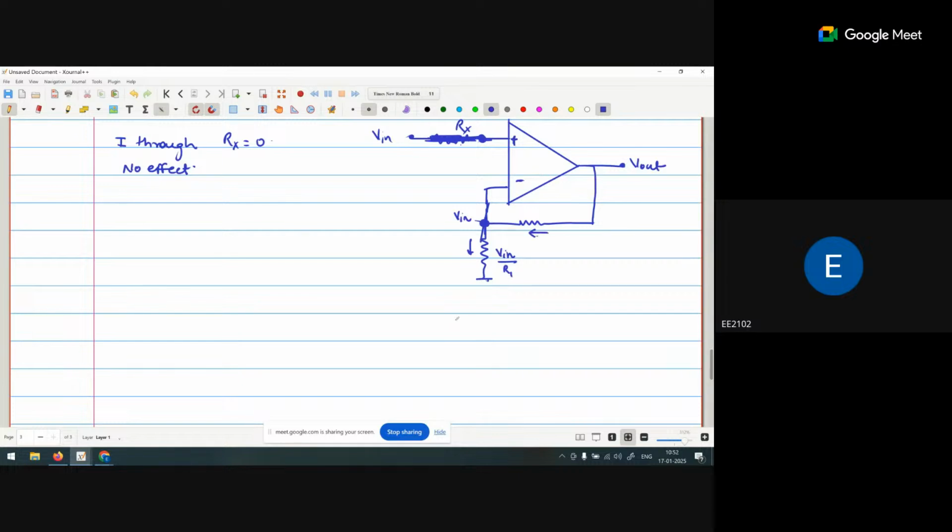The current will be flowing in this way, and no current will be passing through this one. Why? Because it is the virtual ground concept. In the virtual ground concept, no current will be passing through the operational amplifier. So all the current will be passing through this one.